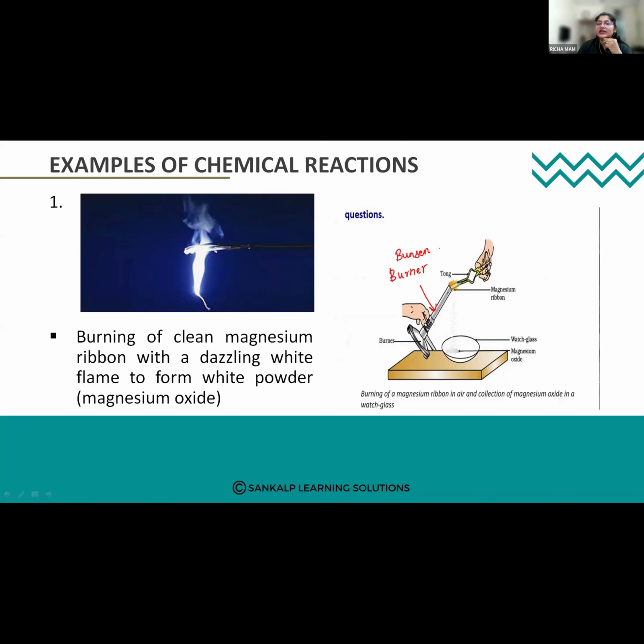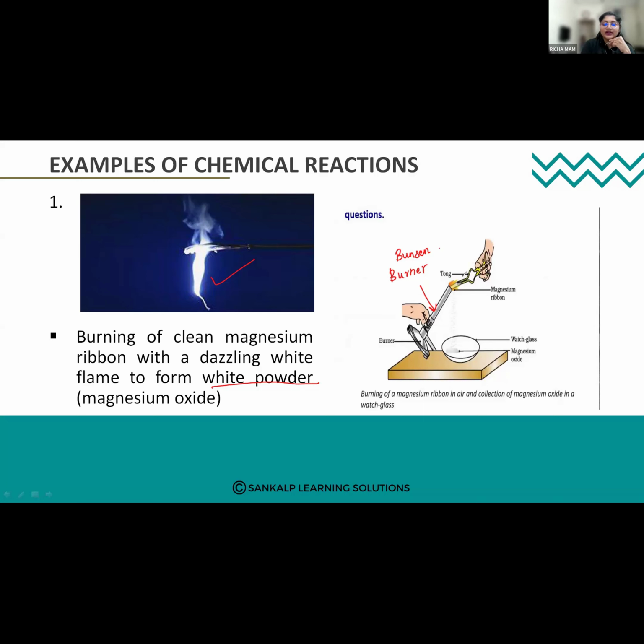When the magnesium ribbon is heated in the flame, it gives a white color flame, as you can see here. After some time it forms a white powder. What is happening when the magnesium is held in this flame?